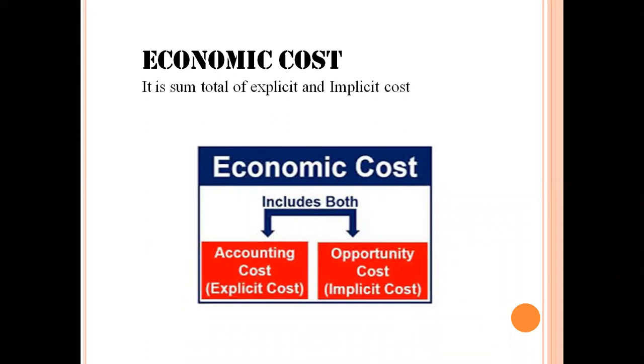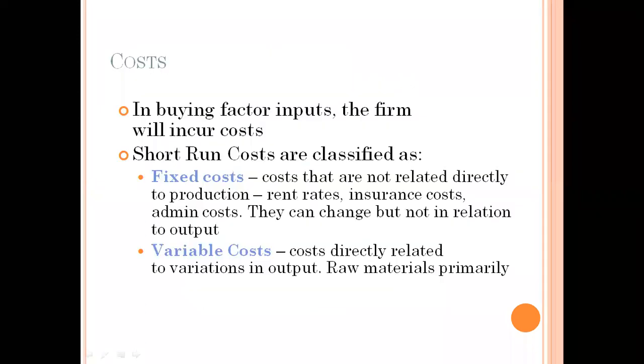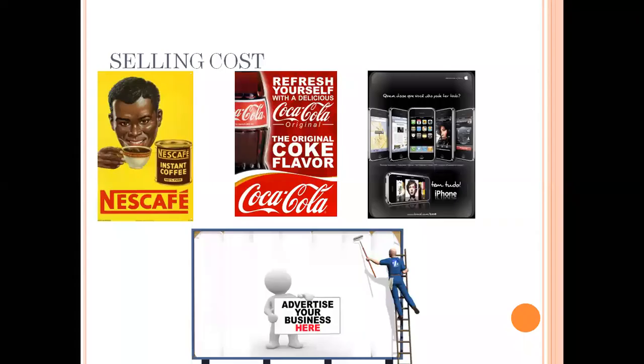In 1 mark, you have to just learn this definition only, that economic cost refers to the sum total of explicit cost and implicit cost. I hope this is clear to all. Is today's topic clear to everybody up to here?